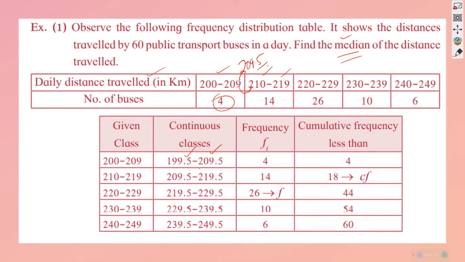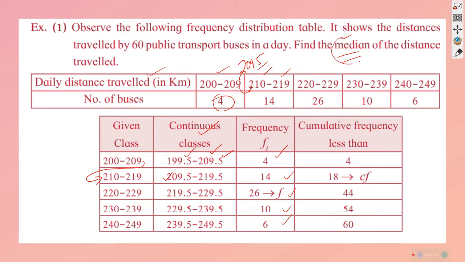We will create continuous classes where the gap between 209 and 210 is removed, and we have 209.5. That means it is a continuous class. And the frequency we copied from here, we will put in this 14. This is the frequency, and from that we have to find the median.